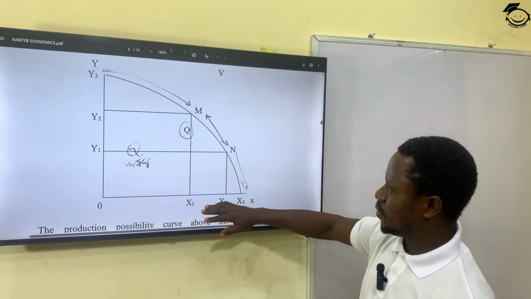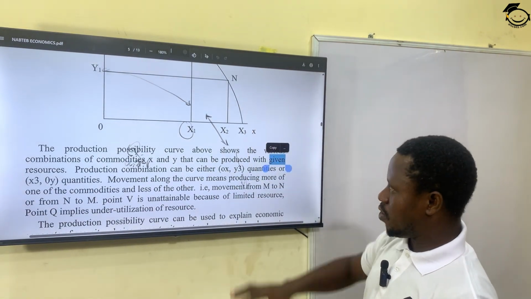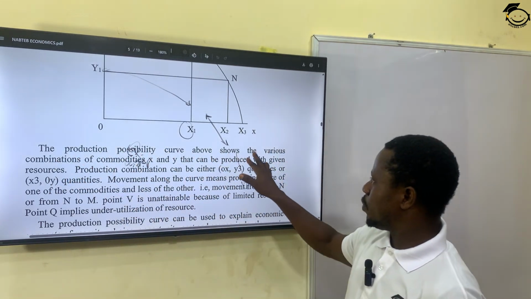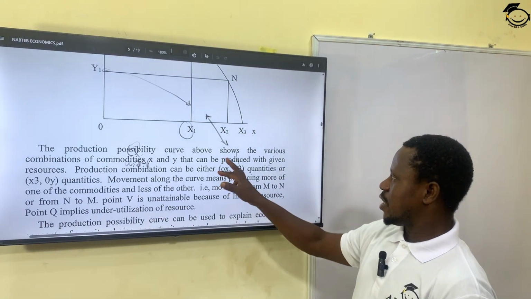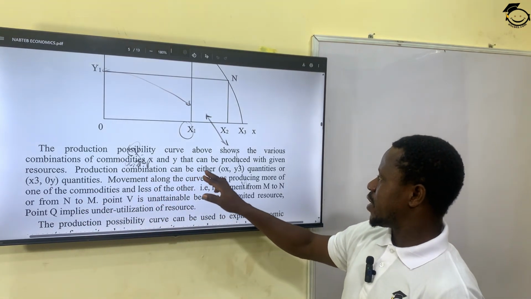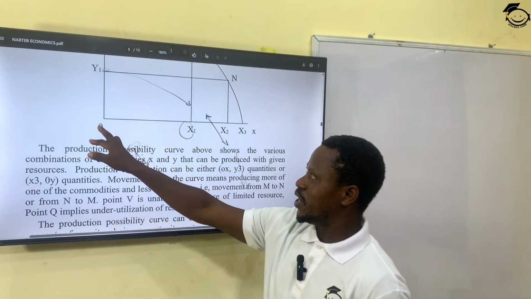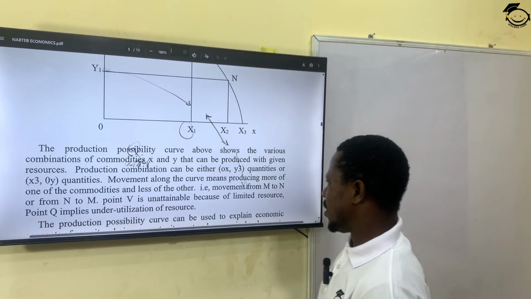I gave the interpretation down here. Let's look down and see. From that, I think you saw the curve, right? So now, from that curve, the production possibility curve above shows the various combinations of products X and Y that can be produced with given resources. Production combination can be either OX or OY. In other words, from here to here, or from here to up there on the curve.